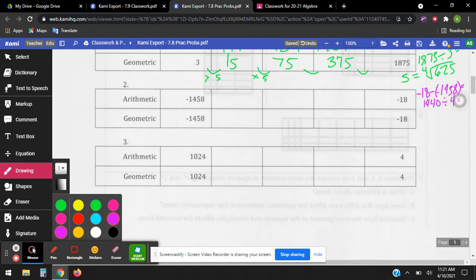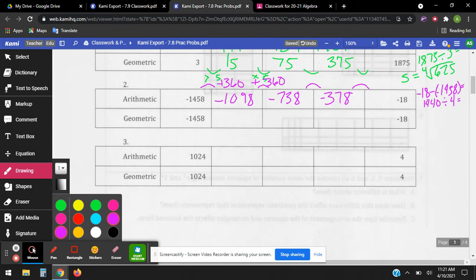When I divide that by 4, I end up with a plus 360, which is true. If I add 360, I am going to get smaller into the negative. So negative 1458 plus 360 is negative 1,098, plus 360 is negative 738, plus 360 is negative 378.